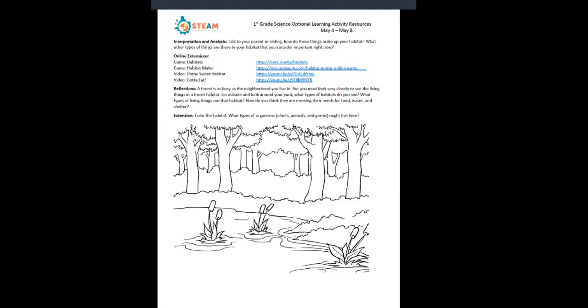Okay. So you can color this, but what I want you to do is go outside and look. Somewhere in your yard or around your apartment complex, if you see a tree or you see grass, that's a habitat for some kind of organisms, okay? Birds build nests in trees.